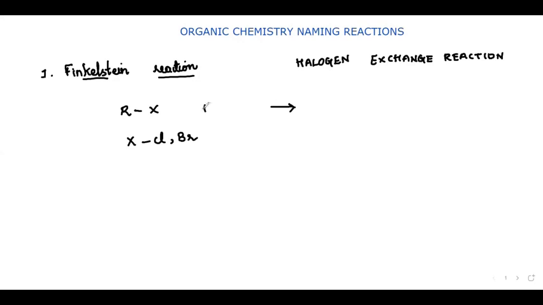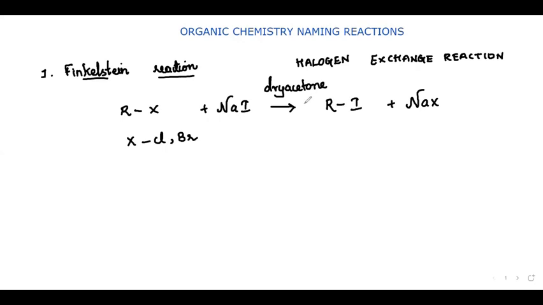What is a suitable reagent for this transformation? It is sodium iodide. This iodide group replaces chloride or bromide, and the product we will get is RI, that is alkyl iodide, plus the corresponding sodium halide. Here dry acetone is used as a solvent.